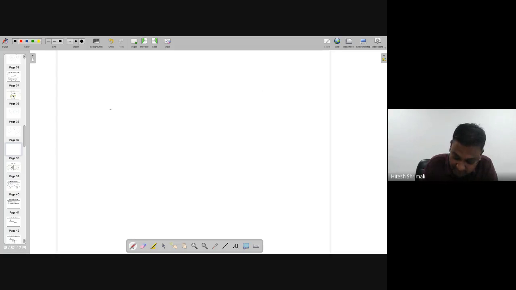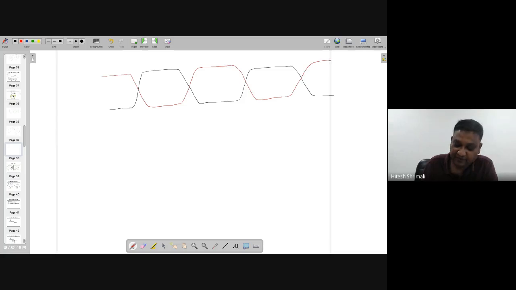Let's assume that if the clock is like this, clock bar has to be like this. So I prefer this one. I don't prefer the clock bar which is like this.